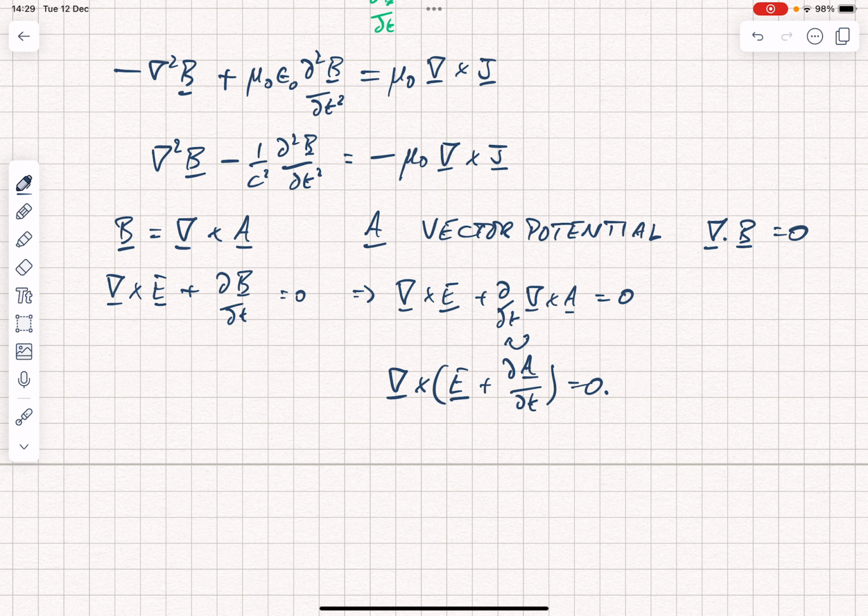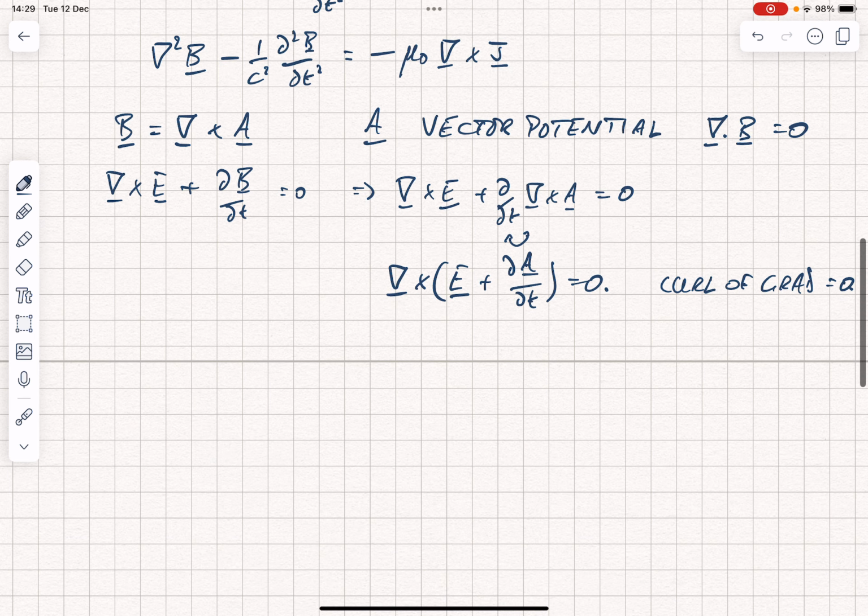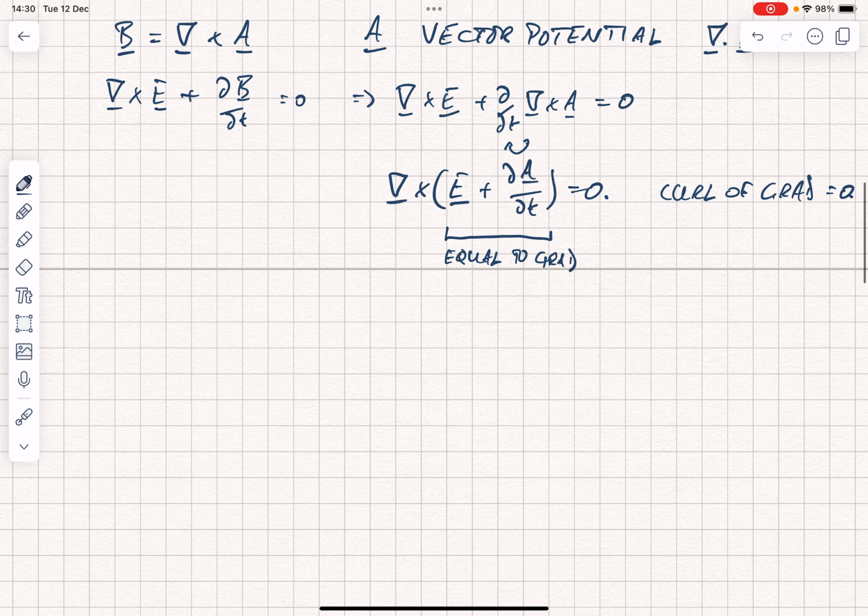And again, using the fact that the curl of a grad is always equal to 0, we can say that since this curl here is equal to 0, we can write this must be equal to a grad.